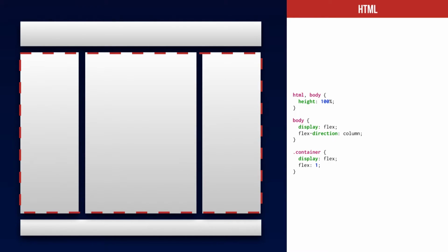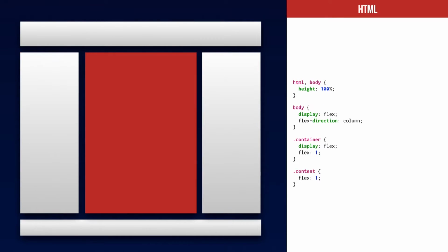So now I can focus a little bit on the content inside of my container, right? I'm going to focus on my article or my content right now. What I want to do with the content is flex it to 1 because I want that to be the squishy portion of it. I want it to take up whatever empty space is left and just take it all up.